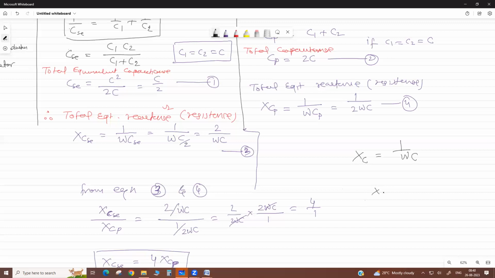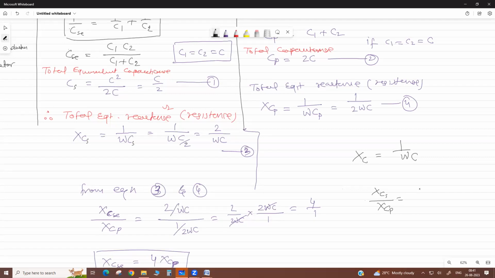If we calculate the ratio of capacitive reactance of series to capacitive reactance of parallel. For series, put SC on it so there is no confusion. Total capacitance in series to parallel.